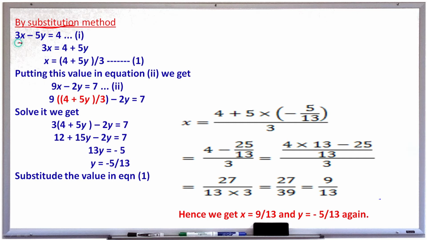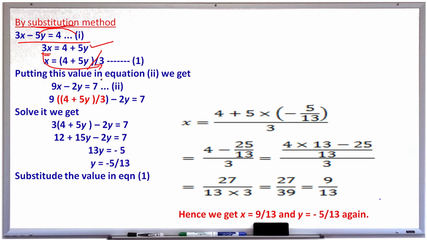Take the equation 3x minus 5y is equal to 4. Write the equation in terms of x. So 3x is equal to, bring minus 5y to the right hand side, it will become plus 5y. So x is equal to, bring this 3 to the denominator, so (4 plus 5y) whole divided by 3.